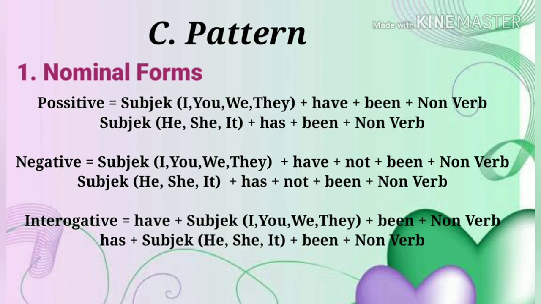Negative: subject (I, you, we, they) plus have plus not plus been plus non-verb. Subject (he, she, it) plus has plus not plus been plus non-verb. Interrogative: have plus subject (I, you, we, they) plus been plus non-verb. Has plus subject (he, she, it) plus been plus non-verb.